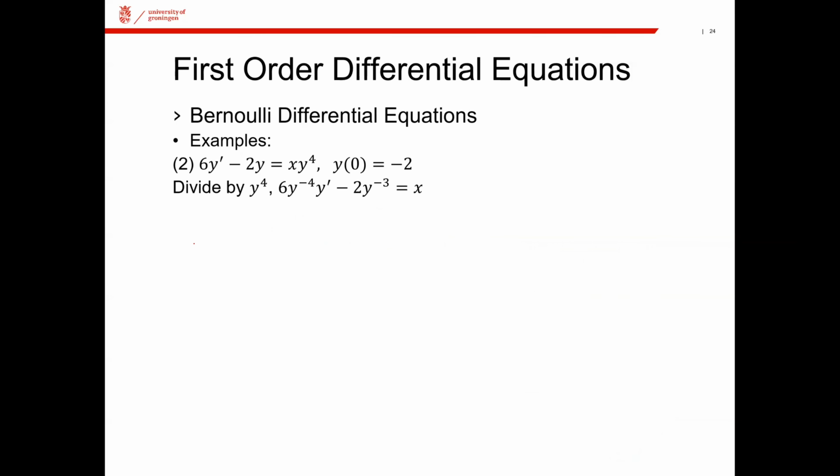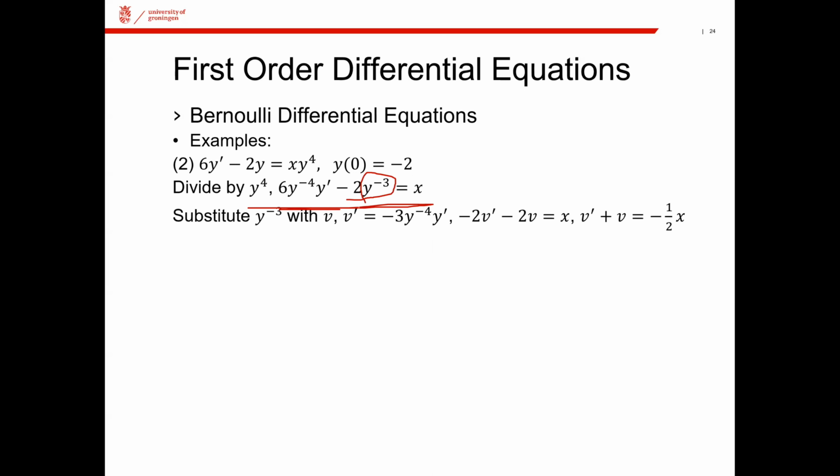So still, we just apply the steps. The first step is to divide by y to the power of 4, and then we have this equation. And then we substitute y to the power of minus 3 with v. And then we calculate v prime and substitute this part.